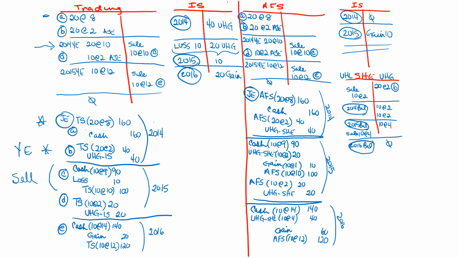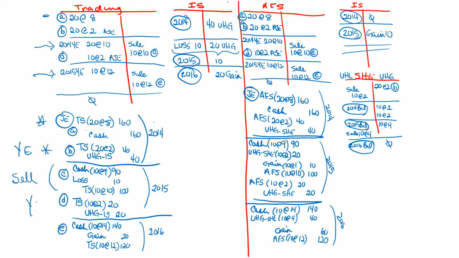Sun comes up and goes down and comes up and goes down, and we are now at the end of the second year, and the stock market says $12 for ZZZ. Well, last year it was 10, so we'll need to write up the remaining 10 shares that weren't sold to $12 a share.